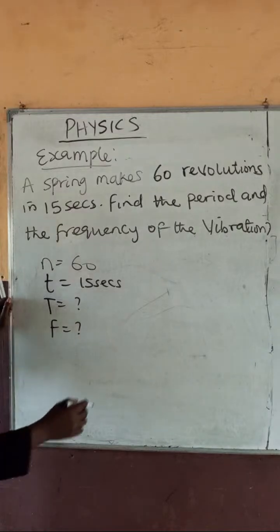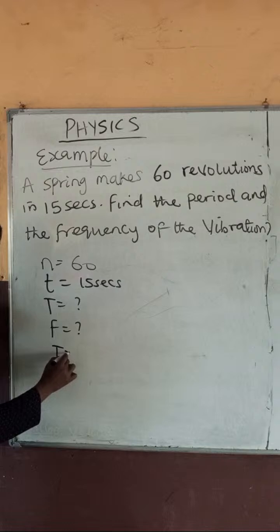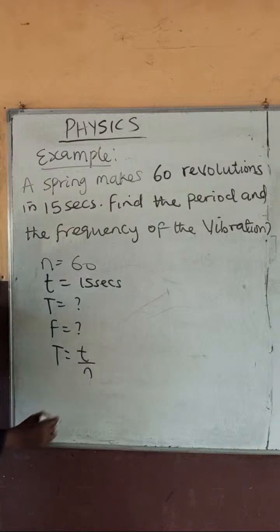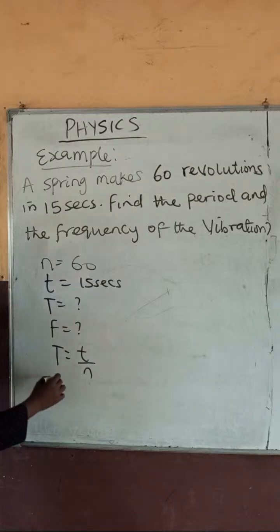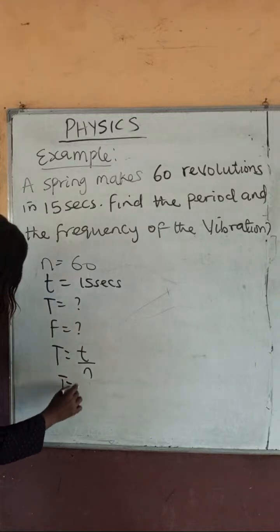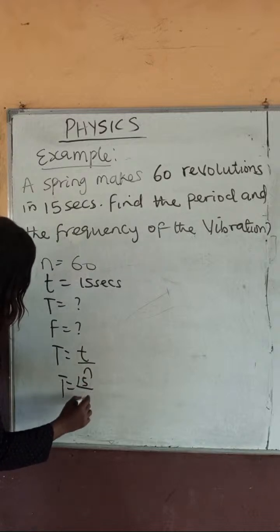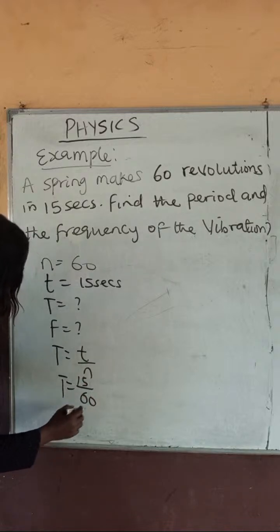Now for us to get the period, it is equal to the time taken for your body to make one complete oscillation. What is my time? My time is 15, and my oscillation is 60.